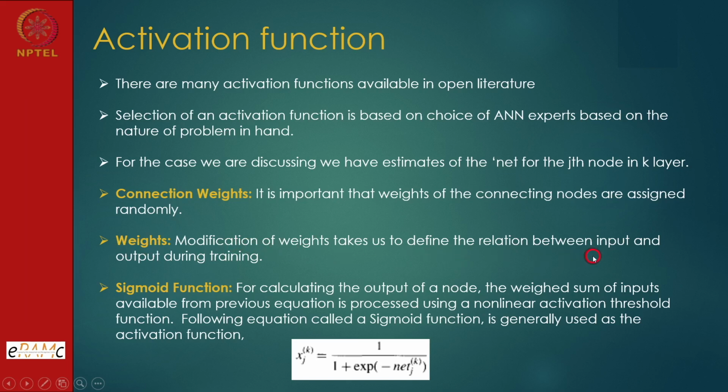This is what I am trying to tell. They get modified and updated, and when is training completed? When the assigned target error has been achieved. Let us say the target error is 0.0001. That is my target error.